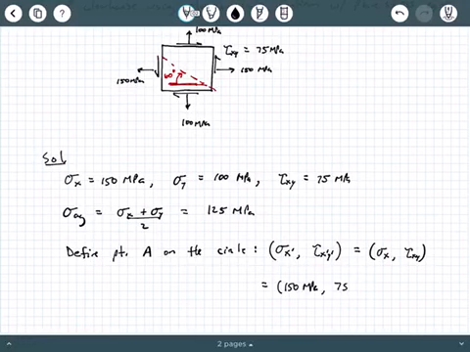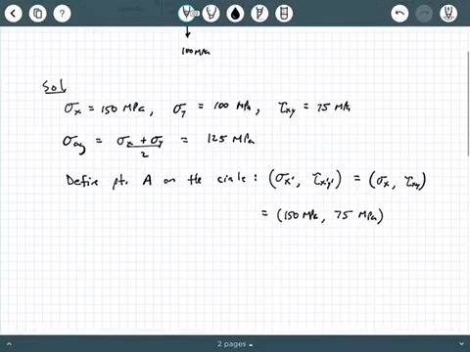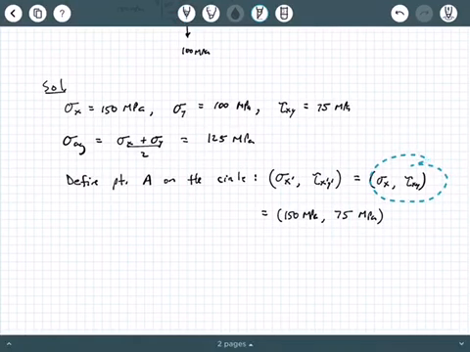So that would be if local and global axes are corresponding with one another, then the point sigma x prime and tau x prime y prime would just be equal to sigma x and tau xy. So this would be equal to 150 MPa, comma 75 MPa.